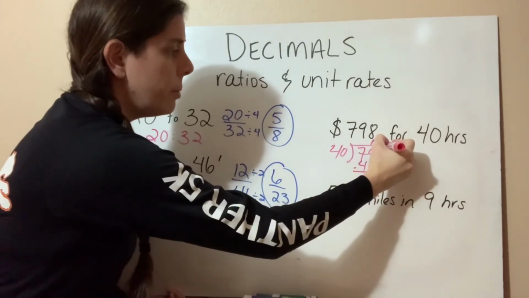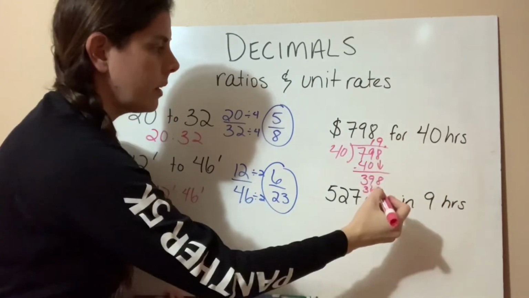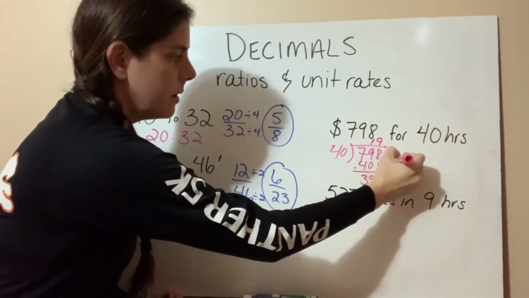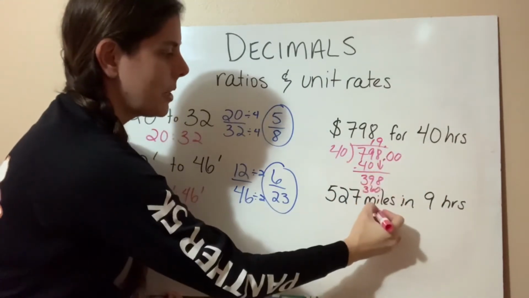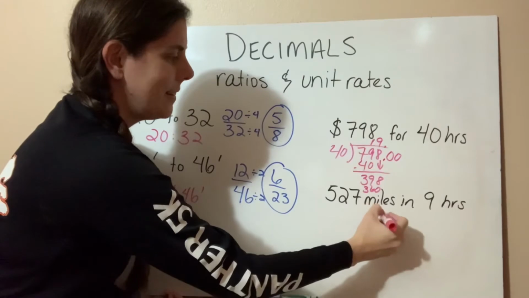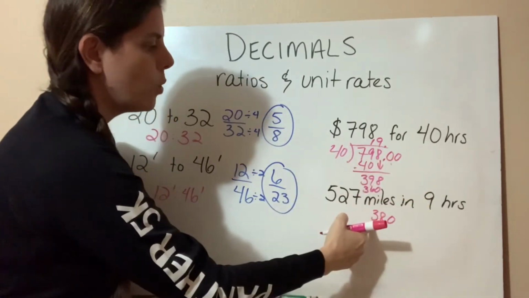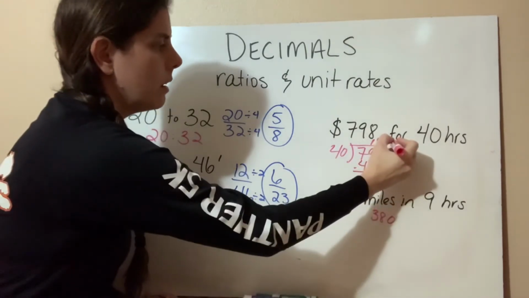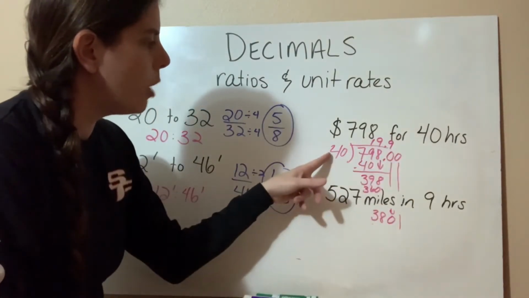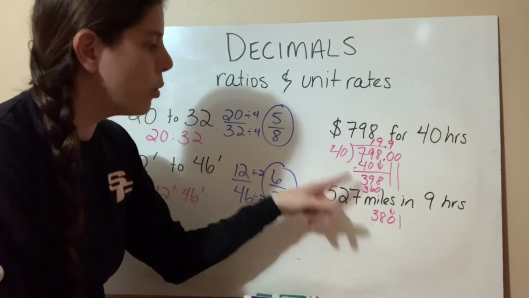So we don't put 0.38. You would add your zeros, and I'm going to just bring it down here. 38, bring down our 0. And how many times does 4 go into 380? How many times is 4 going to go into 38?